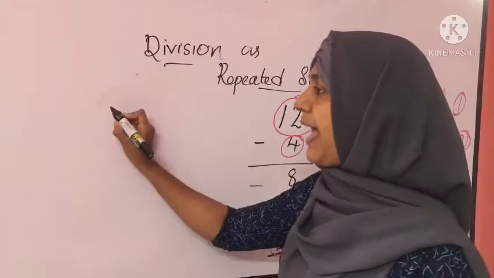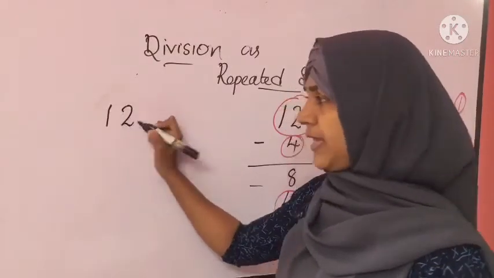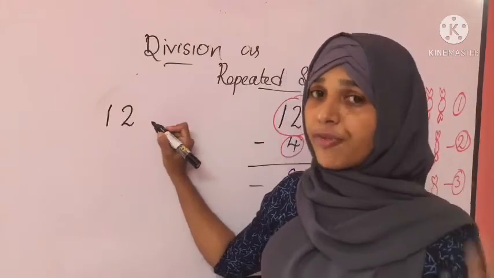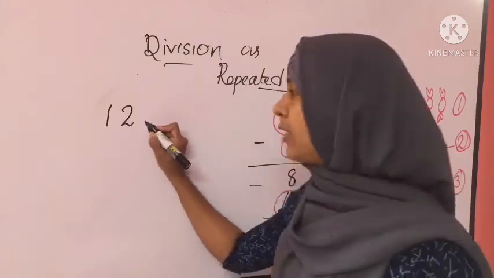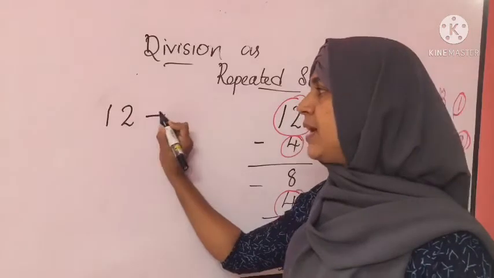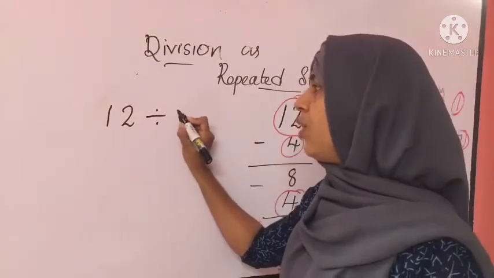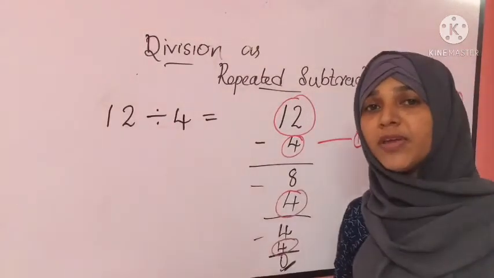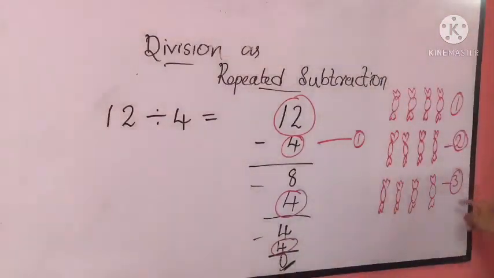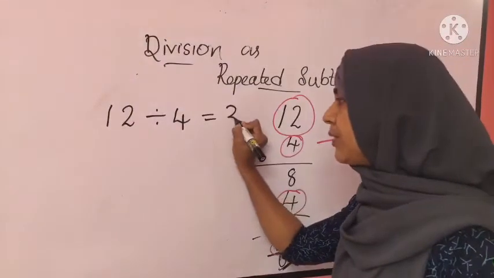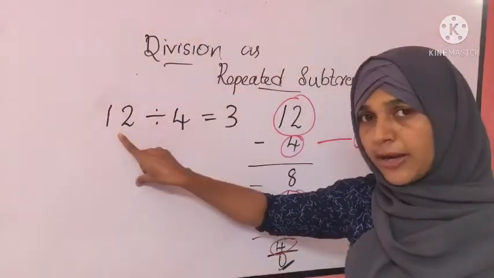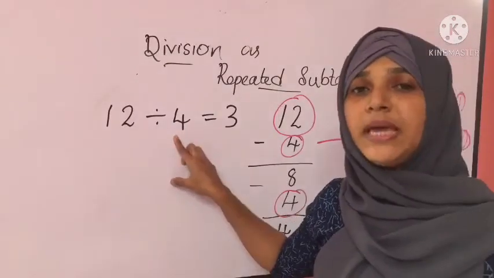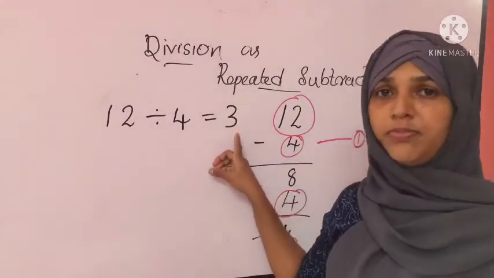Look at the board. I had 12 chocolates with me and I want to divide them into different groups of 4 each. So 12 chocolates divided into groups of 4 each. And how many groups did we form? 1, 2, 3. We formed 3 groups.